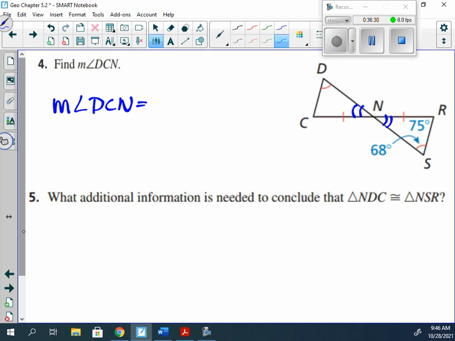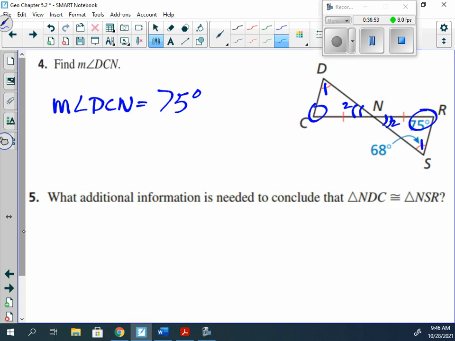So what is the measure of angle C? Or R, because it should be 75 degrees, because it should be DCN and NRS. Those are congruent because they are the third angles. There's 1, 2, 1, 2. So these here are the third. Yes?